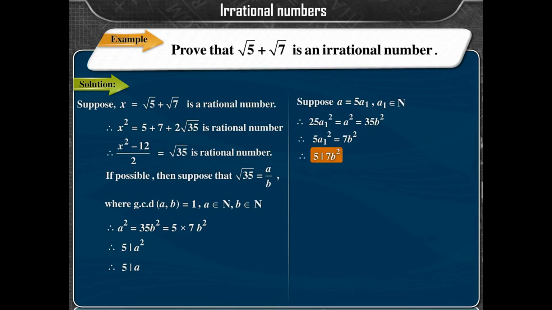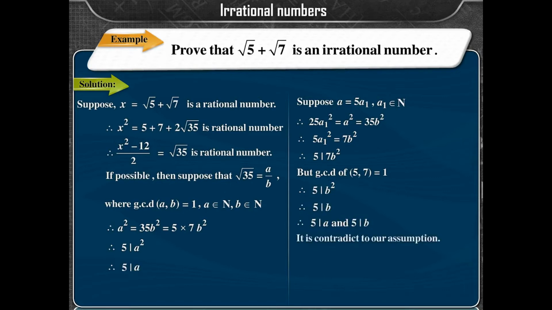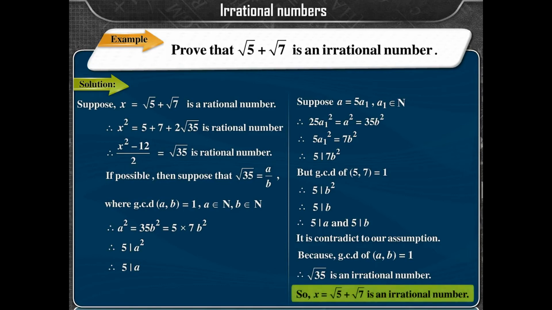Therefore, 5 divides 7 b squared. But GCD of 5, 7 is equal to 1. Therefore, 5 divides b squared. Therefore, 5 divides b. Therefore, 5 divides a and 5 divides b. This contradicts our assumption because GCD of a, b is equal to 1. Therefore, square root of 35 is an irrational number. So, x is equal to square root of 5 plus square root of 7 is an irrational number.